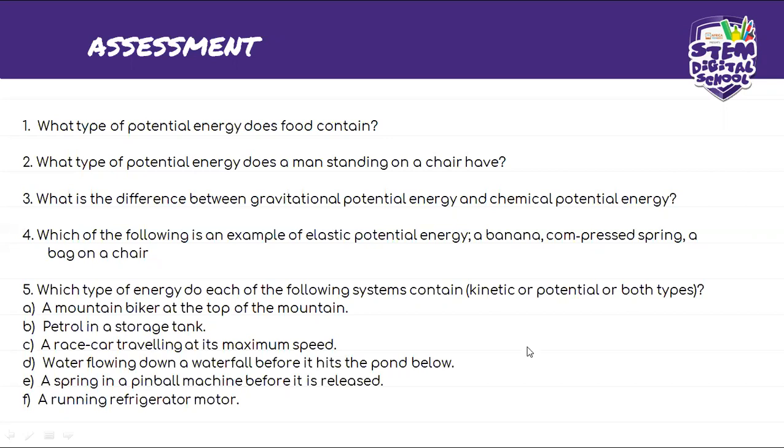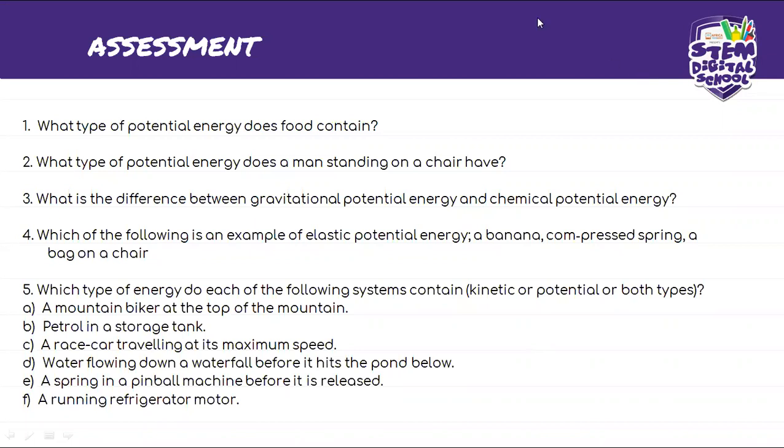All right. And this one is saying, what type of potential energy does a man standing on a chair have? So let's just look at question one first.